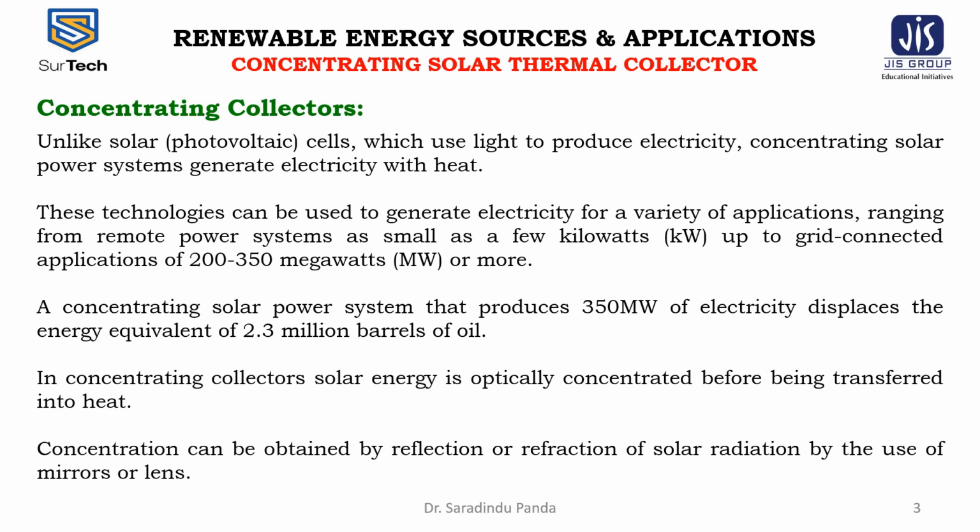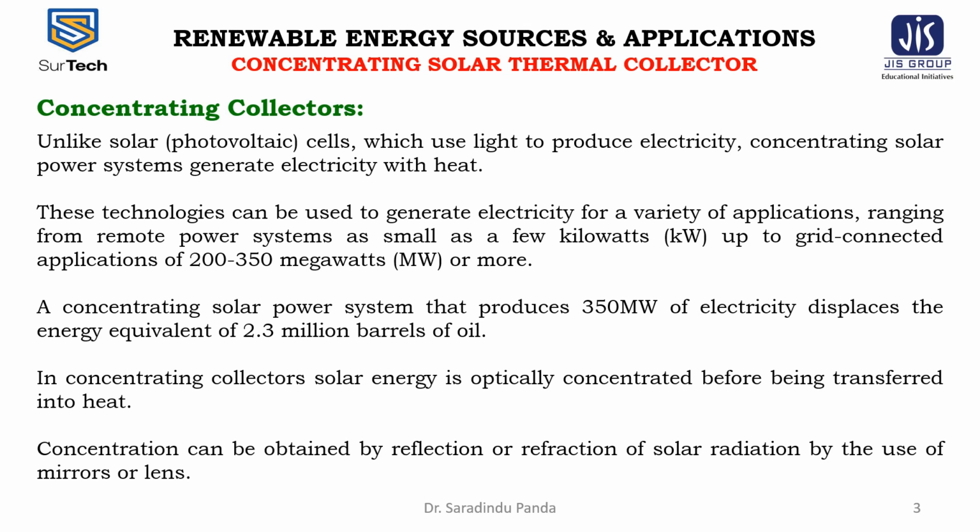The concentrating collectors, unlike the solar cells which use the light to produce electricity, concentrating solar power systems generate electricity with heat. These technologies can be used to generate the electricity for a variety of applications, ranging from remote power systems as small as a few kilowatts up to the grid-connected applications of 200 to 350 megawatts or more.